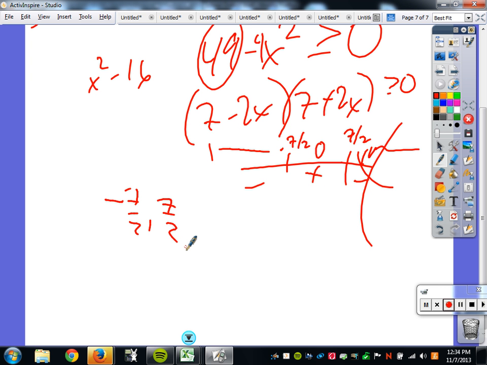Why is it brackets, Noah? It can be equal to 0, and those values gave me 0, right?